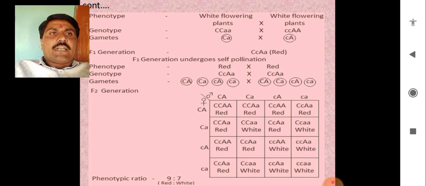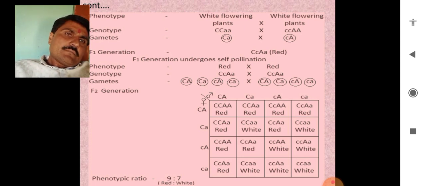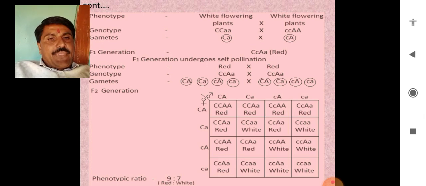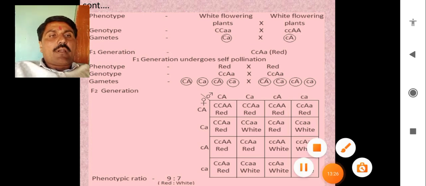In the F1 generation, white flowers produce red ones. But this is the phenotype. What is the genotype? One is capital C with small c, another is capital A with small a.